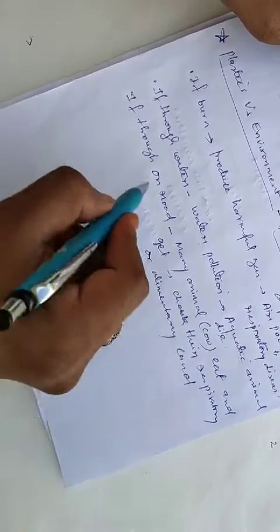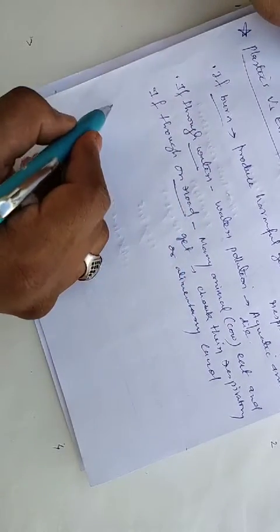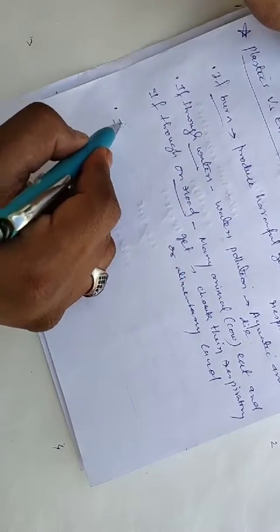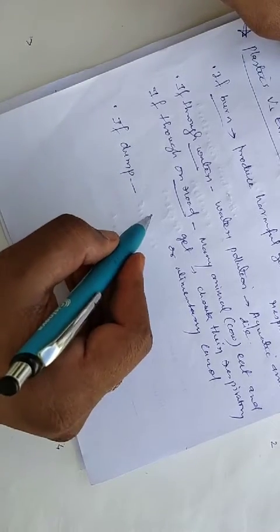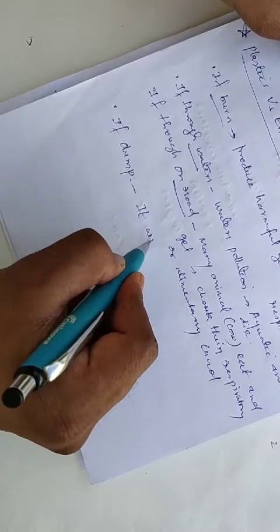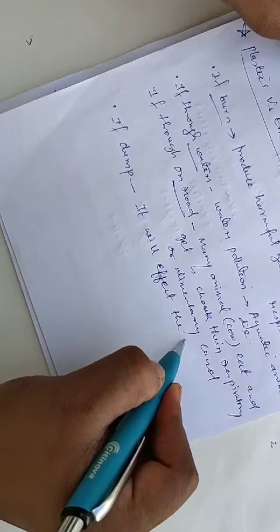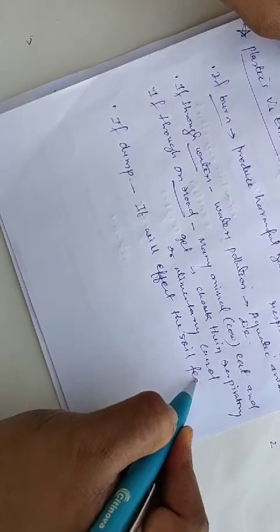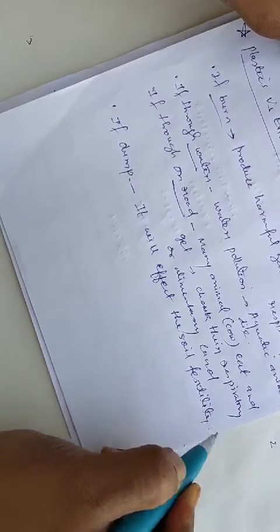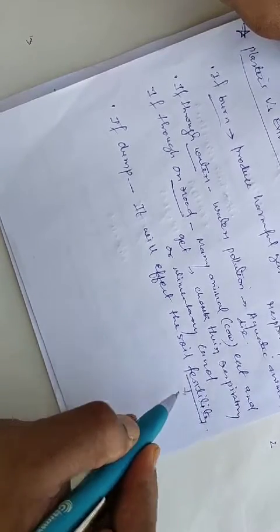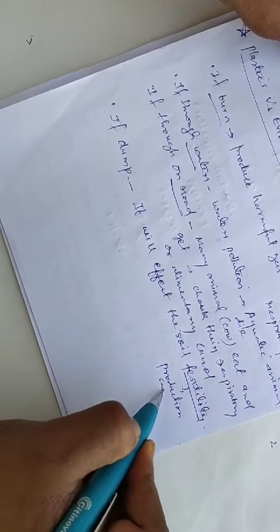So we cannot throw it on the road, we cannot burn it, we cannot throw it in the water. One more thing, if we dump the plastic, what will happen? It will affect the soil fertility of the area. Soil fertility means production capacity of soil.